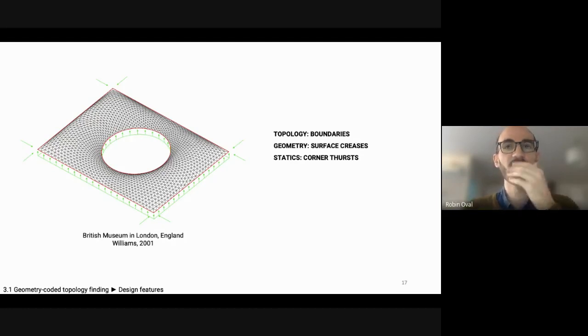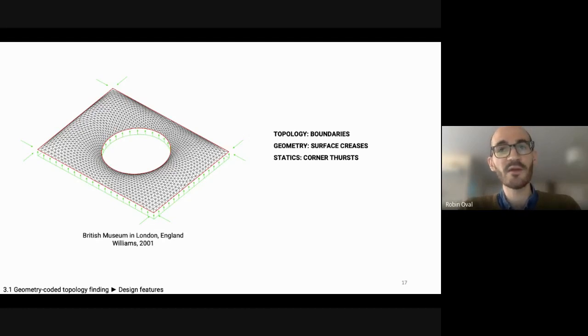They are the topology of the boundary. You have this rectangular boundary and this inner circular boundary that you might want to align neatly, as done in the original design, for aesthetic reasons and fabrication reasons.